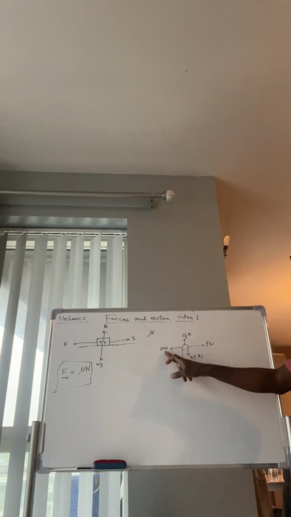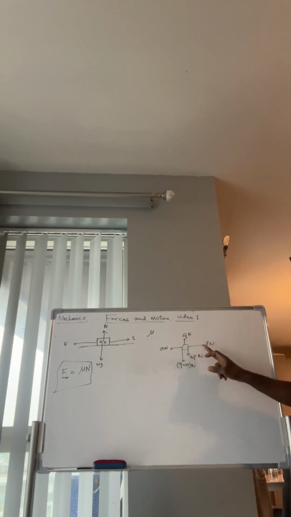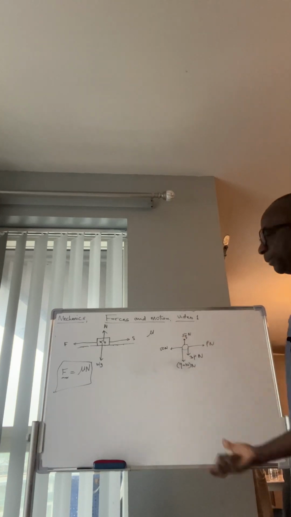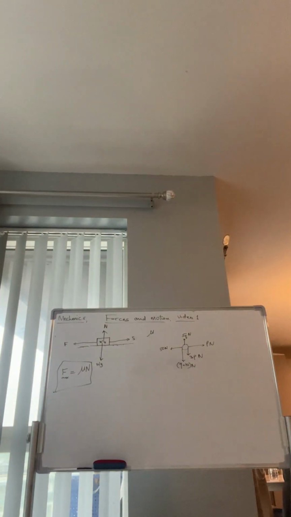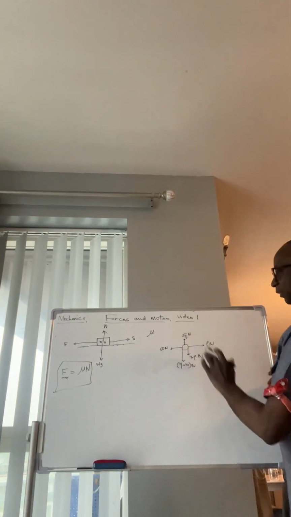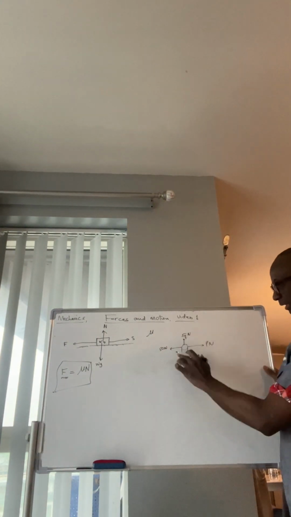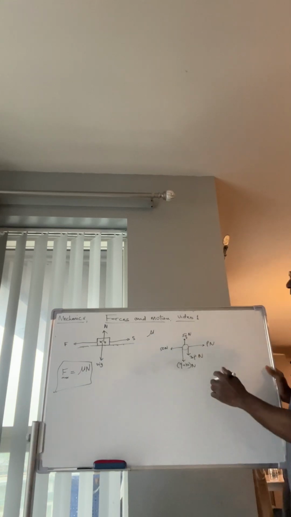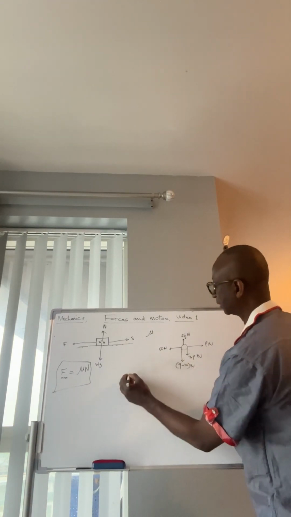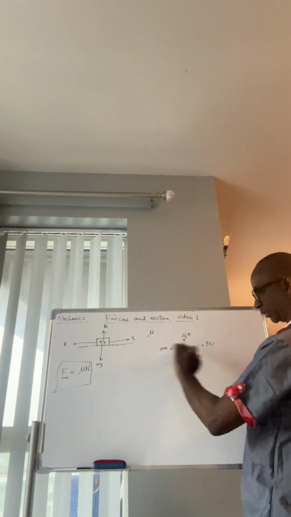This is 50 newtons, the unit for force. This is 5Q newtons, P newtons, 3P newtons, Q plus 10 newtons. Find P and Q. Simple, I know. So because we are told these forces are in equilibrium, it means 50 newtons, let's start with the x-axis, the forces acting horizontally.